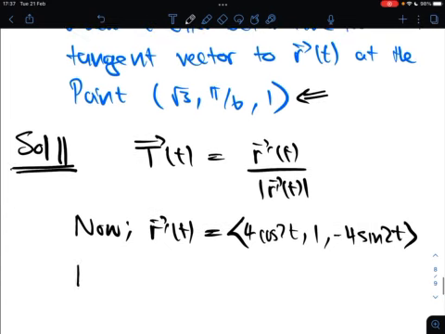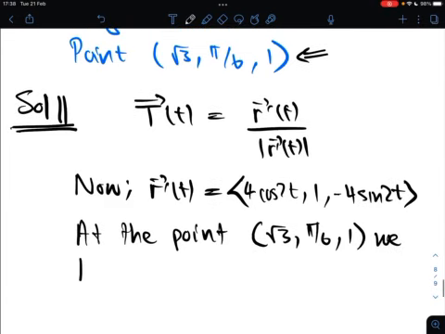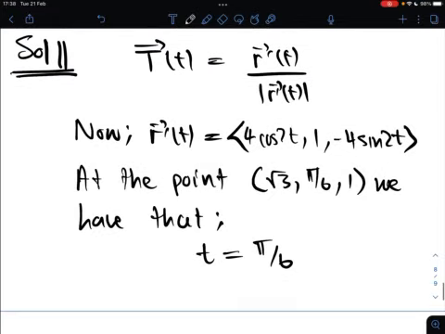So at the point root 3, pi over 6, 1, what do we have? We have that t is equal to pi over 6. So if you look closely, you will see that at this point t has this value.